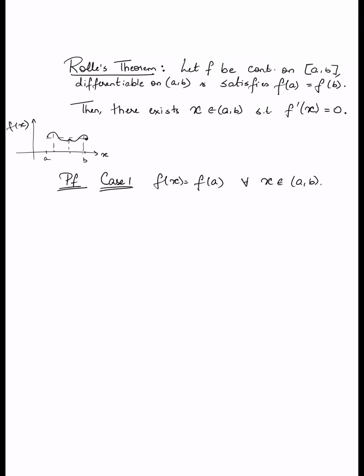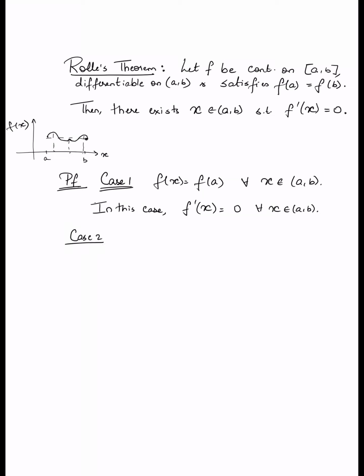In this case, we know that the function is just flat in the interval a to b, so its derivative must be 0 at all the intermediate points. In this case, f prime x must be 0 for all x in AB, right? So that's the trivial case that's been addressed.